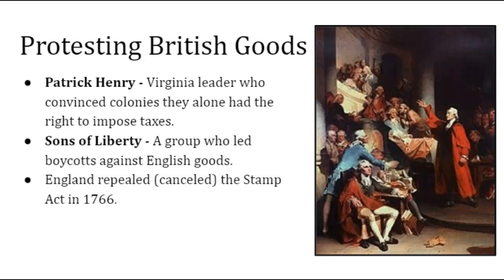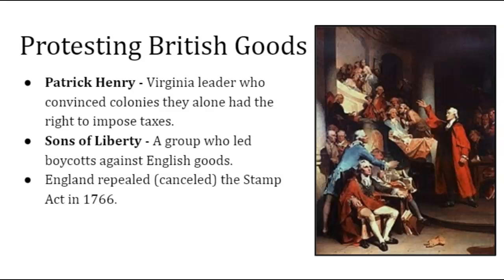Some of the men who led the angry crowds called themselves the Sons of Liberty. They were mostly merchants, shopkeepers, and craftsmen. The Sons of Liberty also organized a boycott, which is a form of protest that involves refusing to purchase goods or services. Merchants in New York City, Boston, and Philadelphia agreed to stop importing goods from Britain.